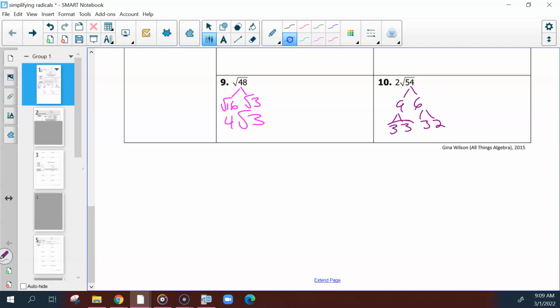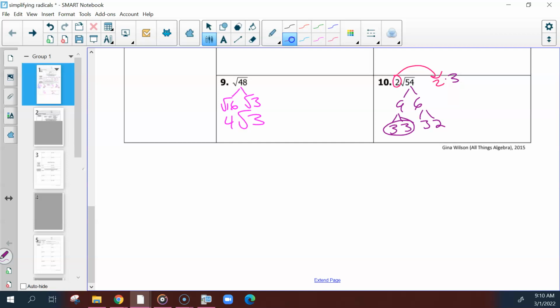We have one pair of 3s that can come out. And then the 3 and the 2 are going to be left inside. So we have the original 2 times 3.